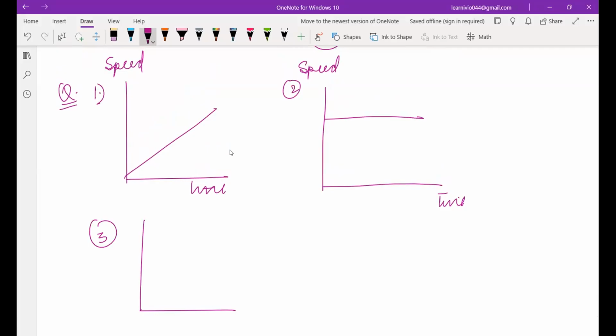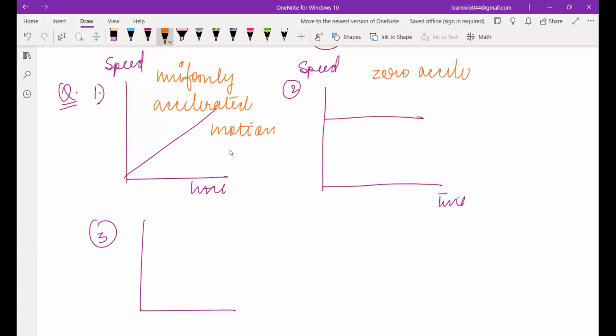You will write uniformly accelerated motion. For the second one, you will say zero acceleration or constant speed. Uniform acceleration or constant speed.